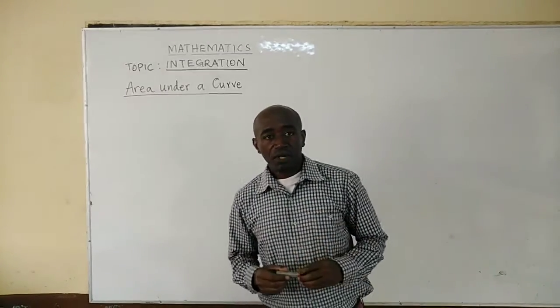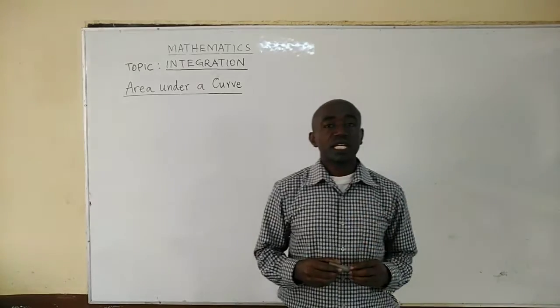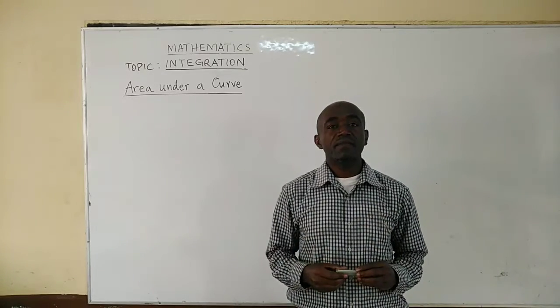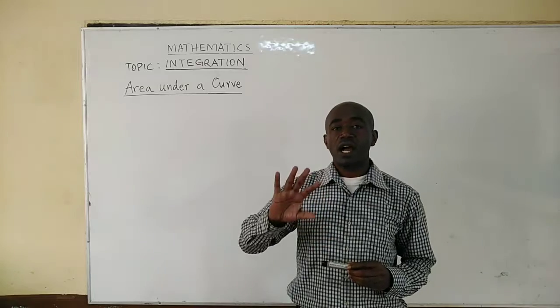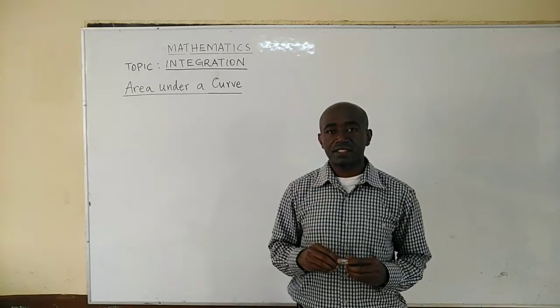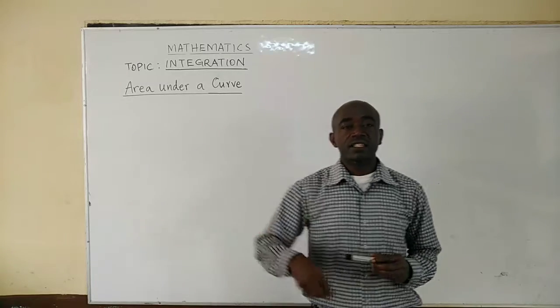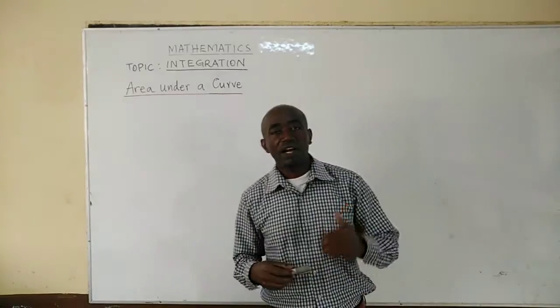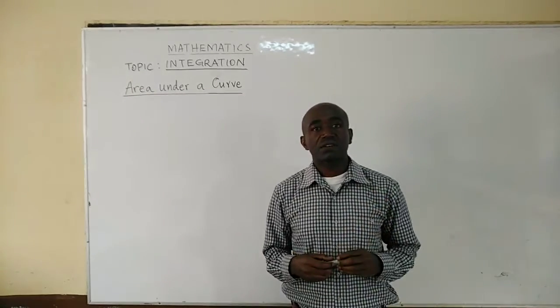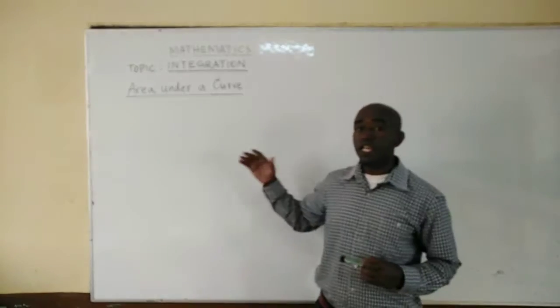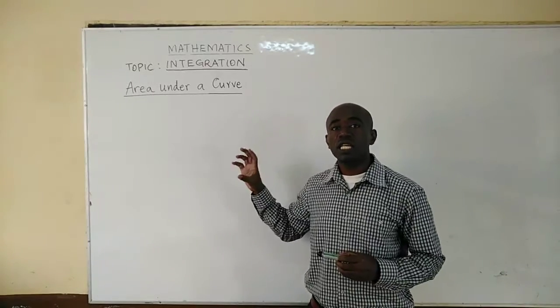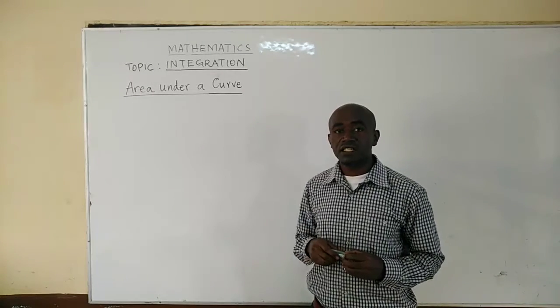In that lesson which we learned last time, we were covering only area which is above the x-axis. And I said that in this lesson today, we are going to learn how to deal with cases where part of the region is below the x-axis.